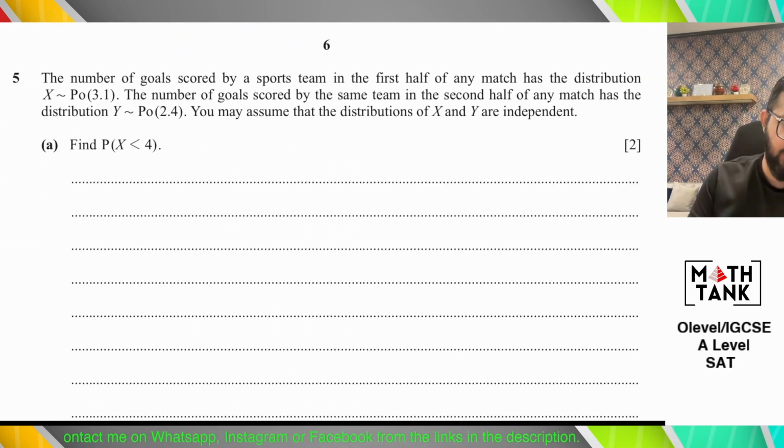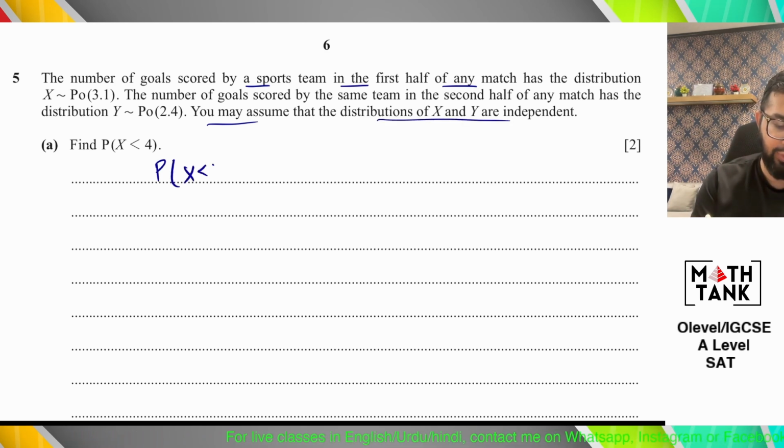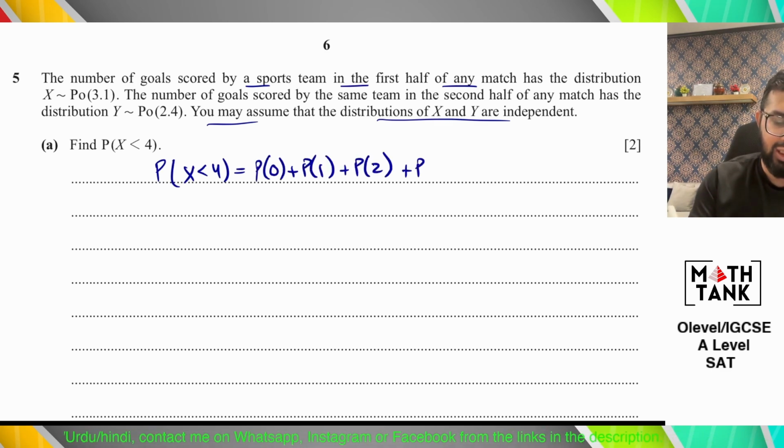Okay, 5. The number of goals scored by a sports team in the first half of any match has the distribution this. The number of goals scored by the second in the same half has this. You may assume that the distributions x and y are independent. The probability of x less than 4 is just the probability of 0, 1, 2, and 3. So e power minus lambda plus lambda e power minus lambda.